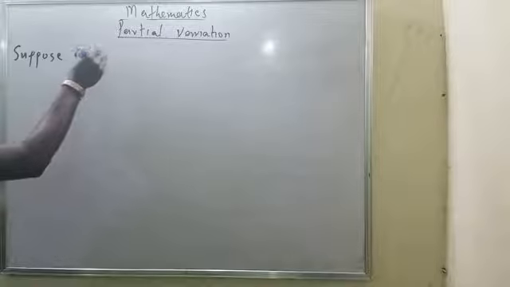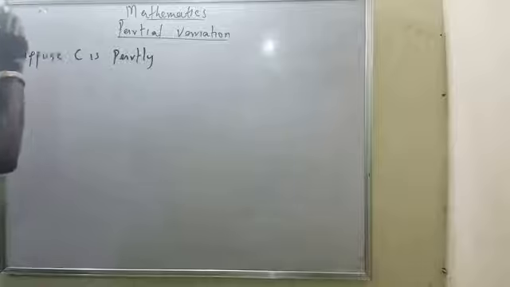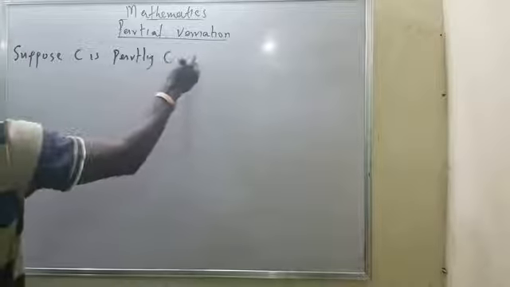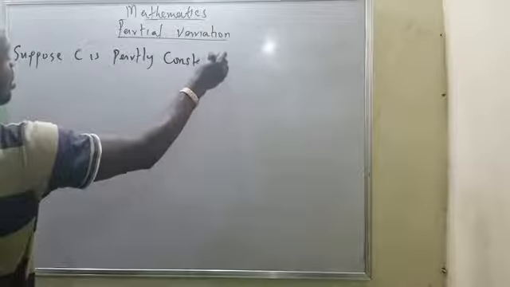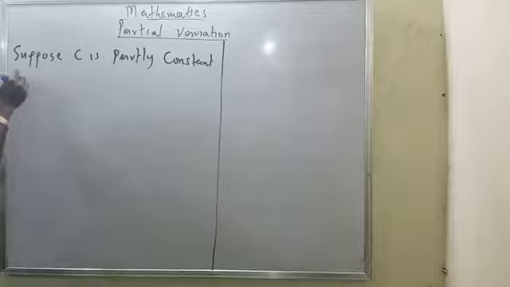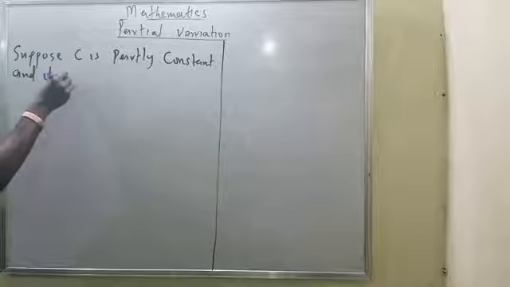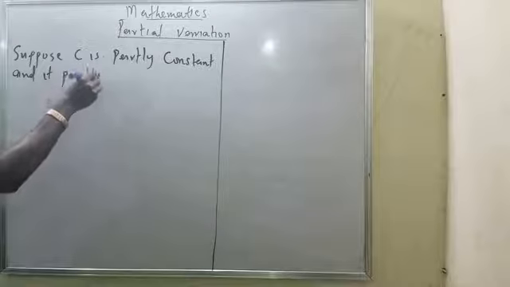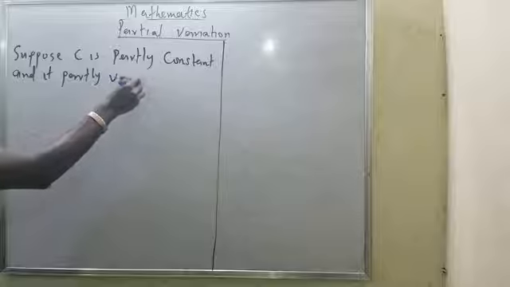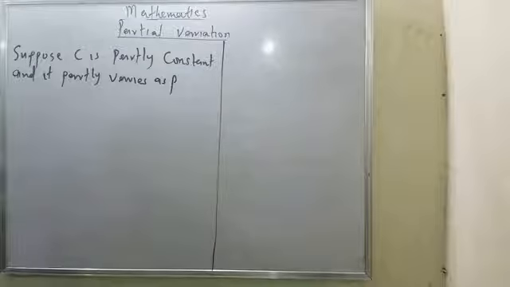C is partly constant and partly varies as BP.